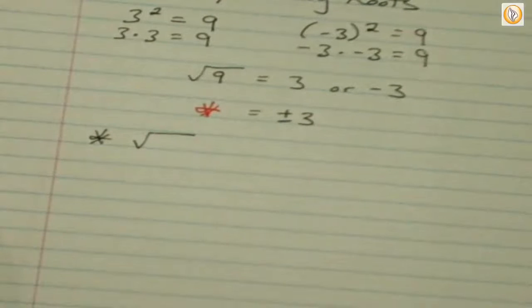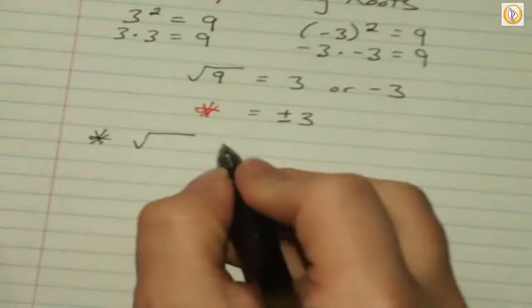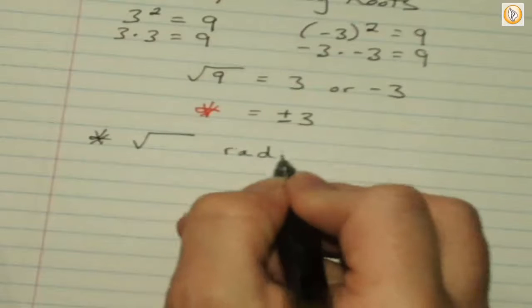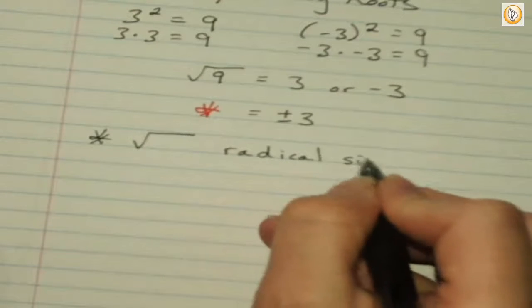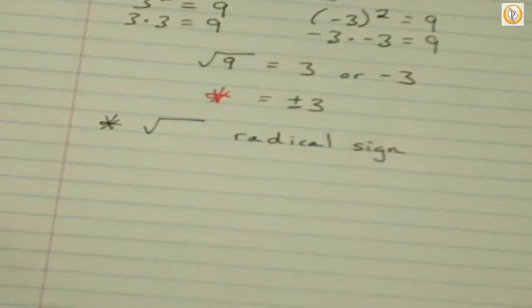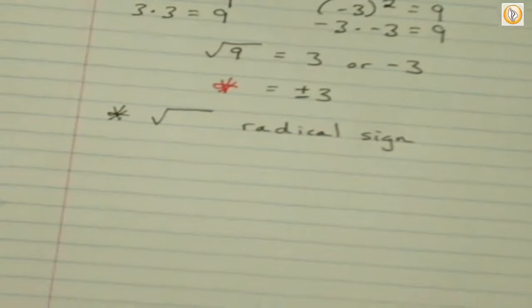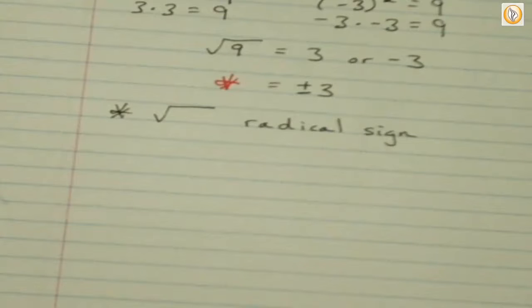What is that called? Don't say check thingy. Radical sign. That is called the radical sign, or the radical. I still have people calling it the check thingy. It does not mean division. It's a radical sign.